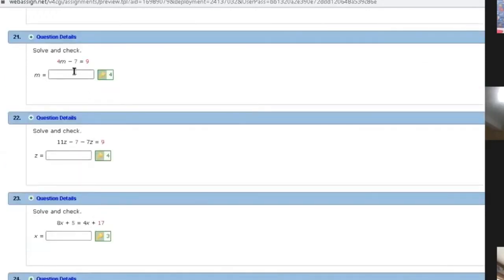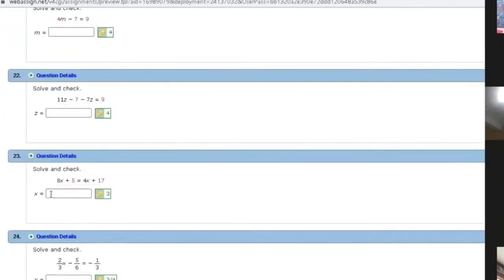So it's basically different variations of this type of problem, different ways that you will see it, where you have to combine the like terms in 21, or in 23, where both sides have an x and a constant, and then you have to move that over. So let's look at number 23.